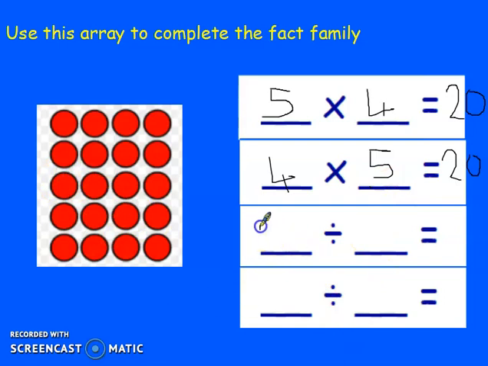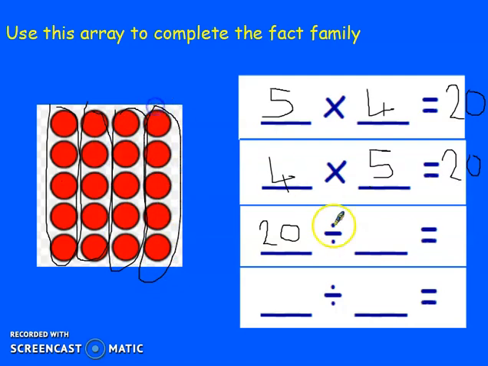Now that we know that we've got 20 circles there, we can say 20 divided by 1, 2, 3, 4 groups equals how many in each one? 1, 2, 3, 4, 5. And we can also say that 20 divided by 5 equals 4.